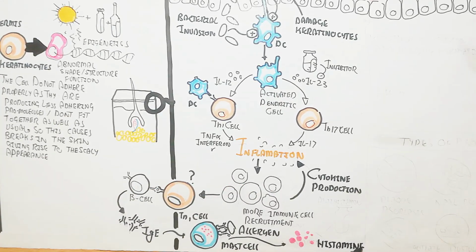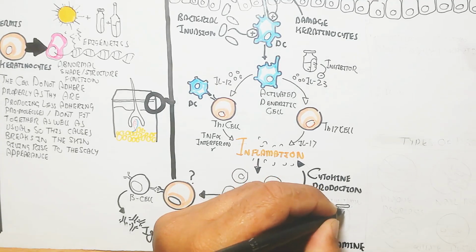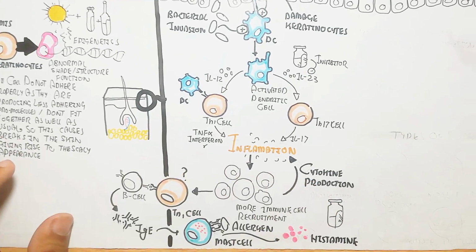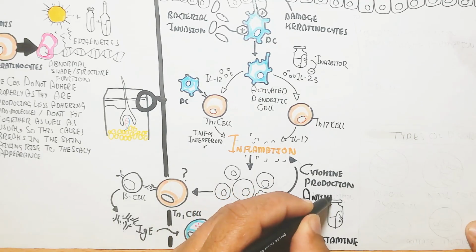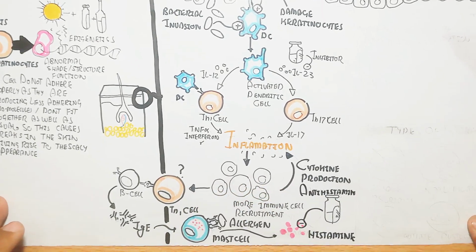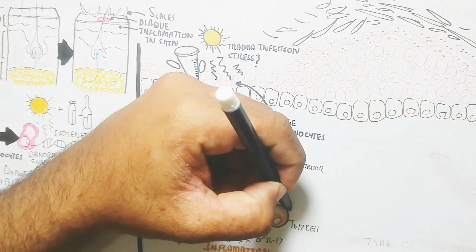The mast cell activates to produce histamine, and antihistamine drugs can prevent this histamine production to suppress the pathogenesis of psoriasis or plaque formation.